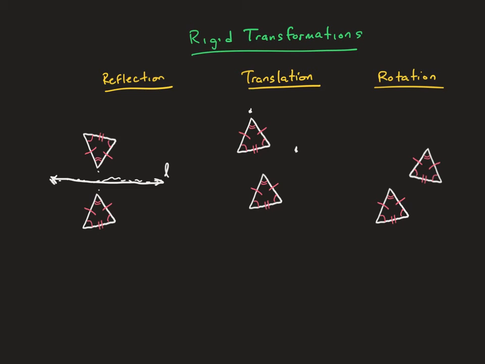Here you can see that my new image has not only had a translation, but it has rotated on its axis a little bit. So that would be a rotation. Here are our corresponding sides, and we can see that it has turned this way a little bit to have its new orientation.